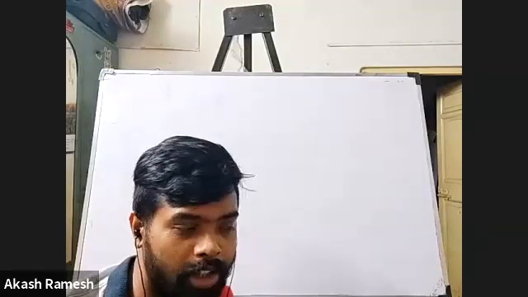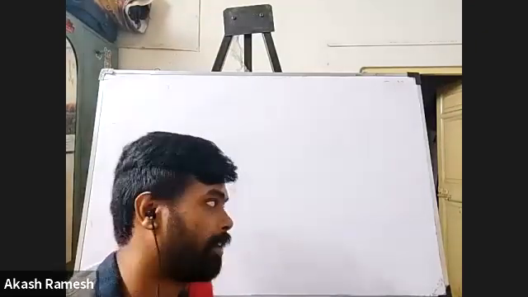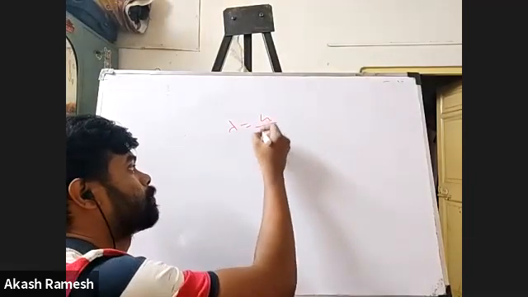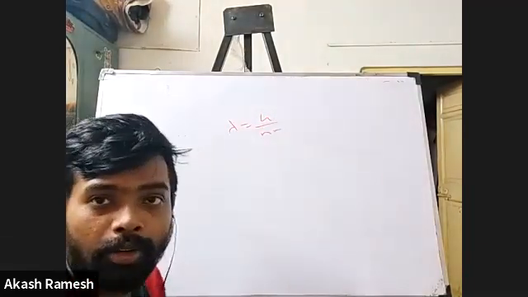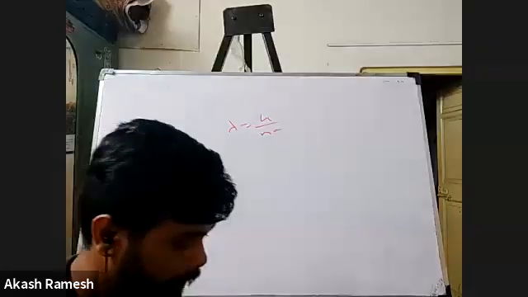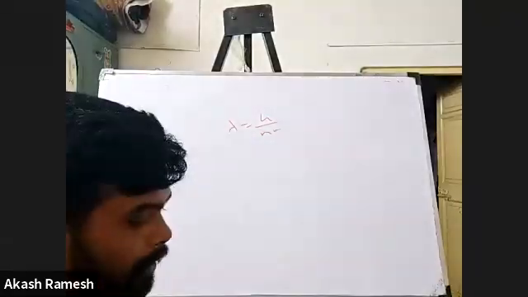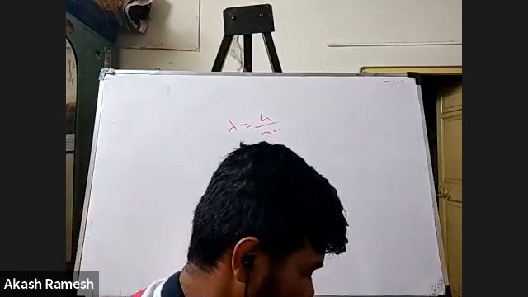Oh, okay, we finished de Broglie's wavelength also. So did we get this equation, lambda is equal to h by mv? We didn't do problems on this, isn't it? So we'll do some problems on this, then we'll move on to the next topic.